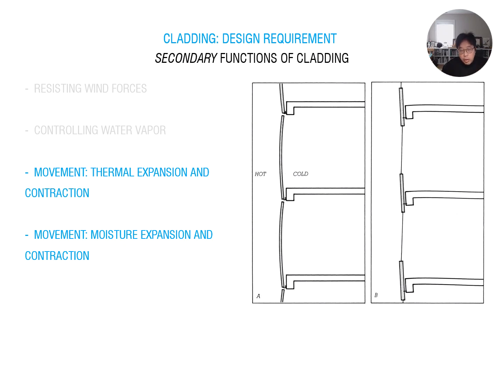Therefore, when you don't consider this kind of building movement or wind movement, your building starts to show cracks or some failure of your structure or cladding system. Movement also includes moisture expansion and contraction. This is part of the building movement issue.